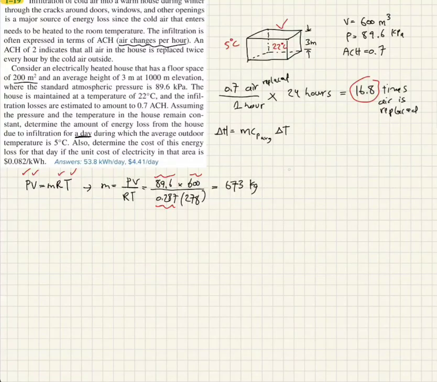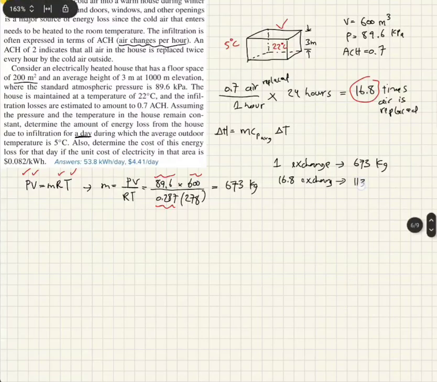So if at one exchange 673 kilogram enters the house, then at 16.8 exchanges, it's just a multiplication: 673 times 16.8, which is 11,306 kilogram per day entering the system.